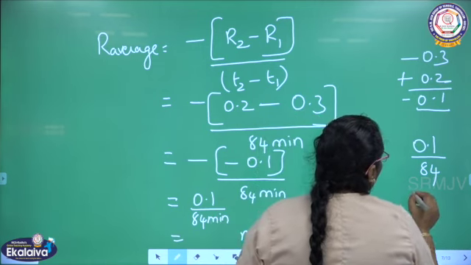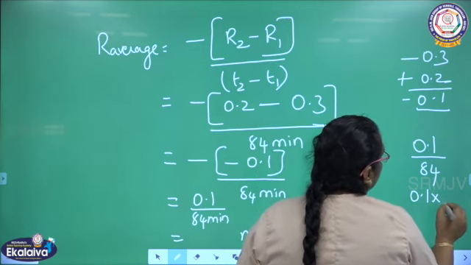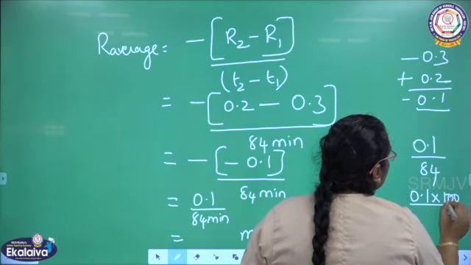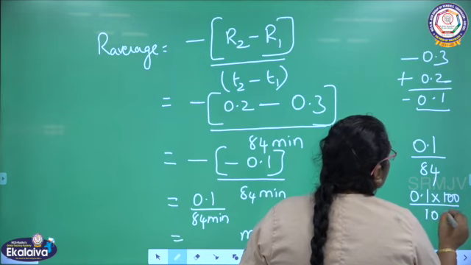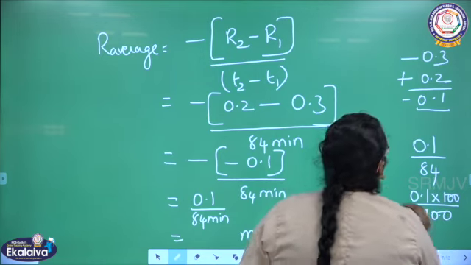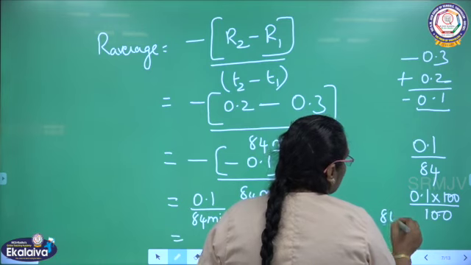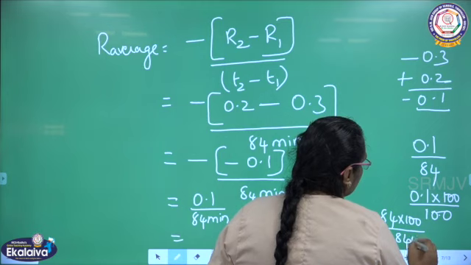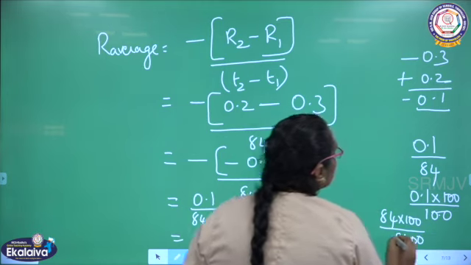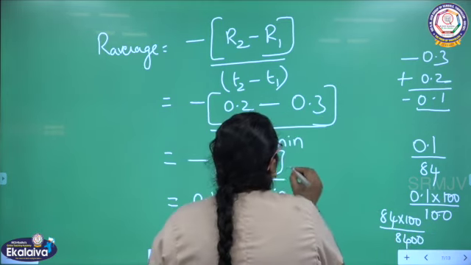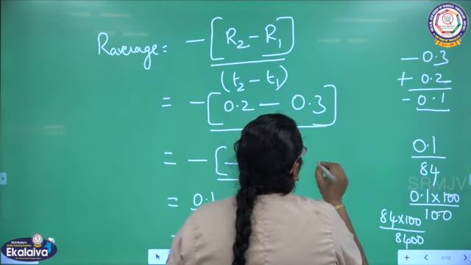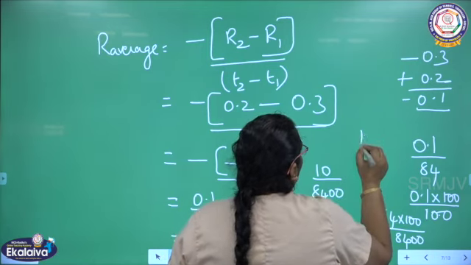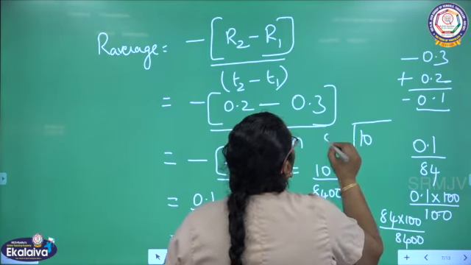So 0.1 divided by 84 is 10 divided by 8400. Divide 10 by 8400.